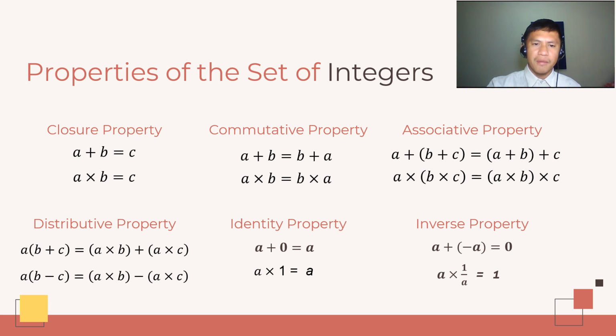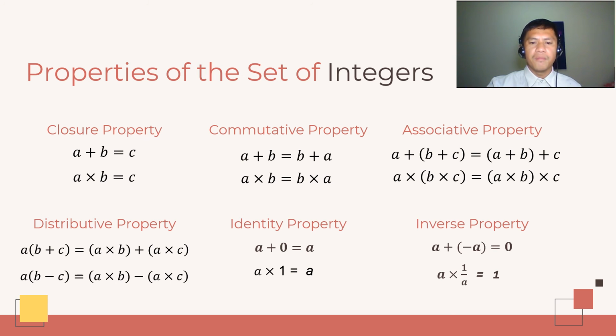Distributive property simply distributes a to the numbers inside the parentheses b and c, then copy its operation sign inside the parentheses, whether it is addition or subtraction. Identity property for addition says any number added to 0, the result is the number itself.